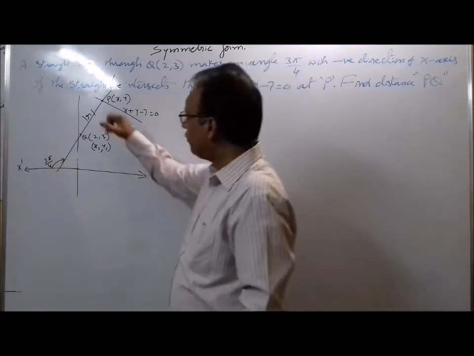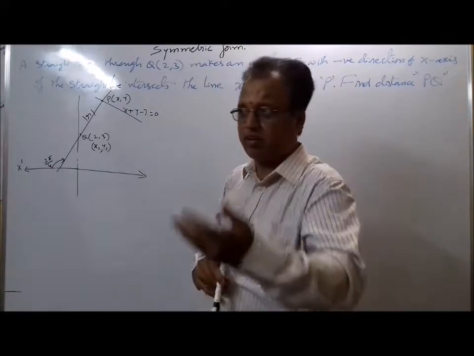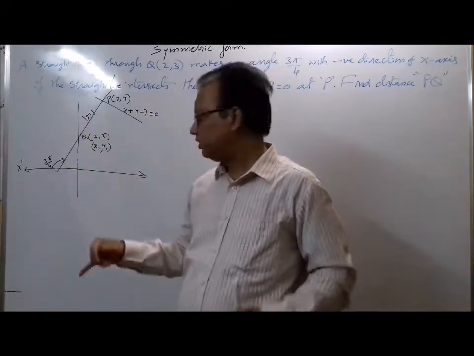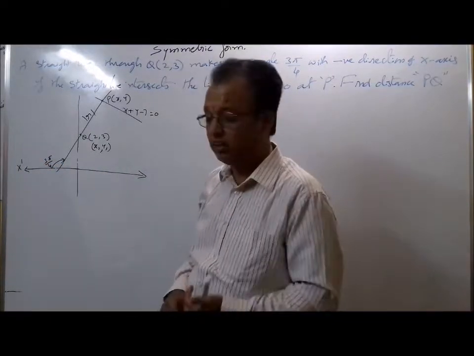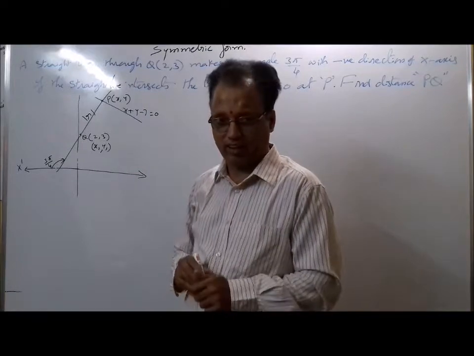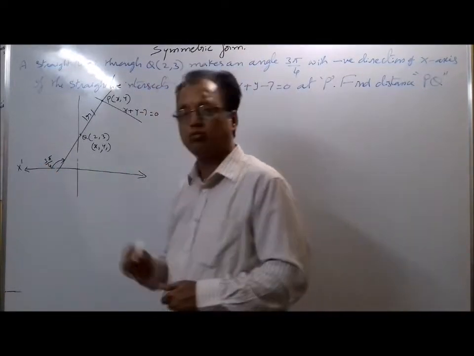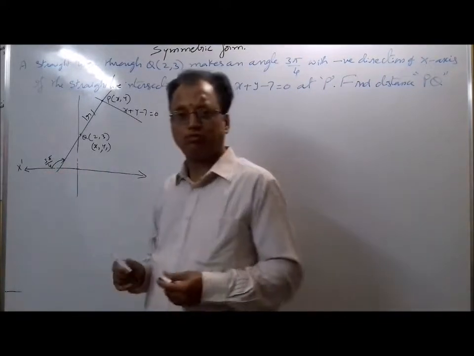See here. So we have to find using the symmetric form, x is equal to x1 plus r cos theta, y is equal to y1 plus r sin theta. So r we don't know, theta we don't know, negative direction of x-axis we know. So we should find the positive direction of the x-axis. So this is 3 pi by 4, what is this angle? Pi by 4, because this total is pi.